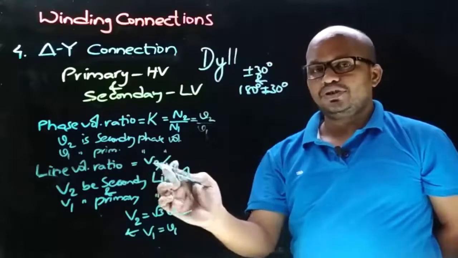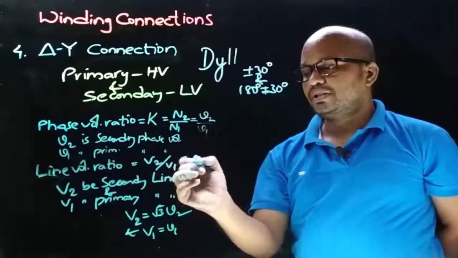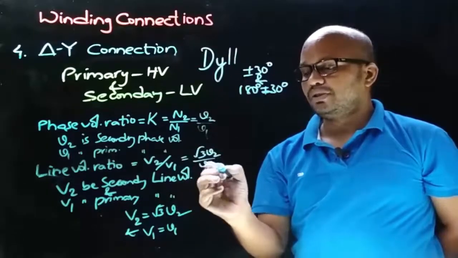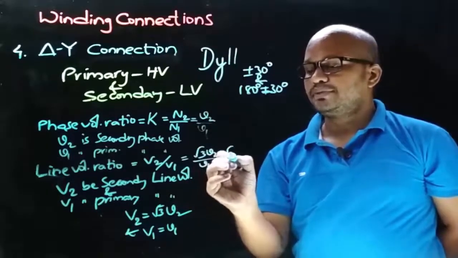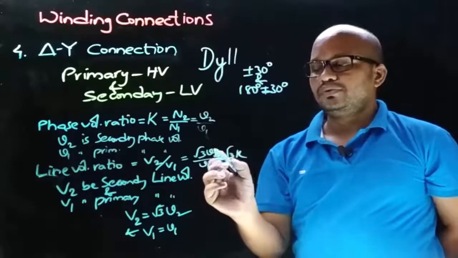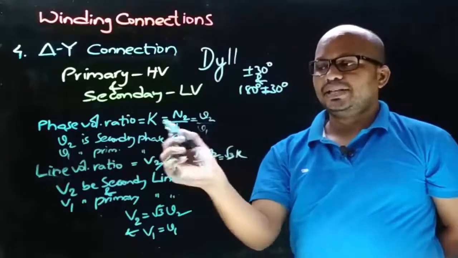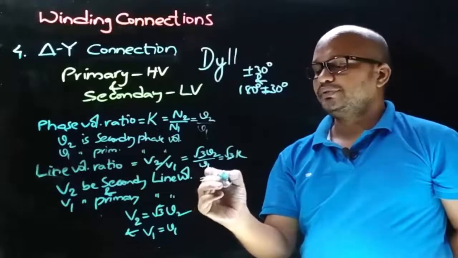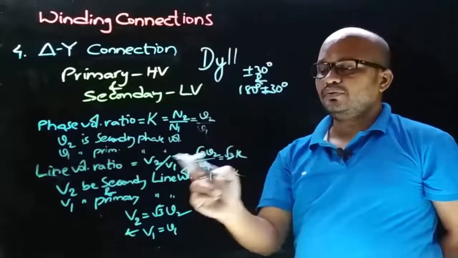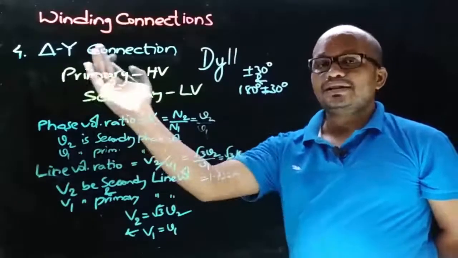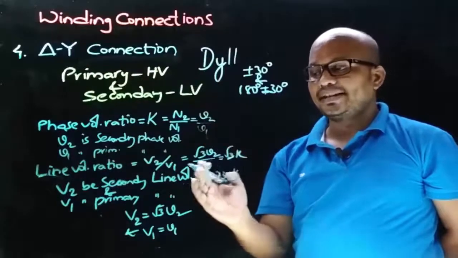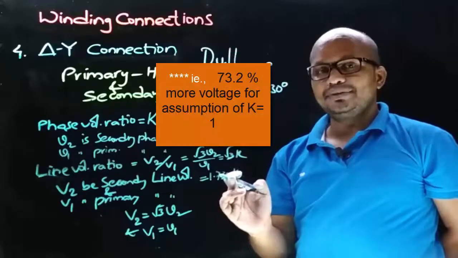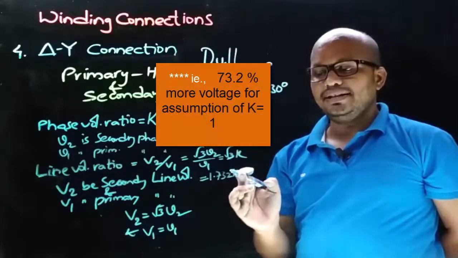Now let's replace the line voltages with phase voltages. That will give you root 3 times small v2 by small v1. So that will give you root 3 times K, because we know that small v2 by small v1 is equal to the transformation ratio constant K, and that is equal to 1.732 times K. From this relation we can say that delta star connection can provide a secondary line voltage which is 73.2 percent more than the primary side line voltage for K equal to 1.